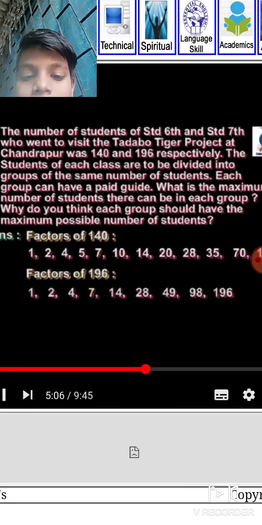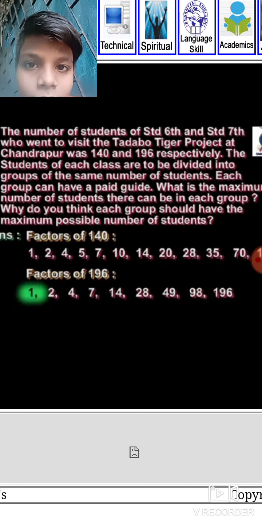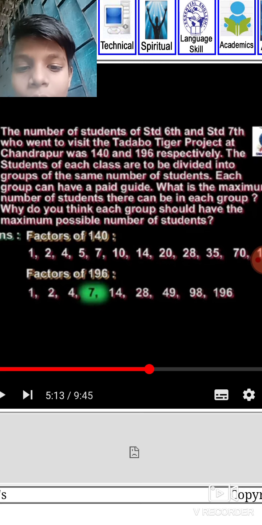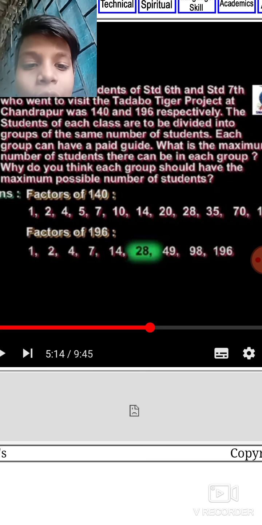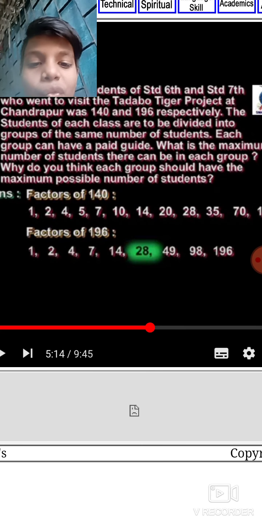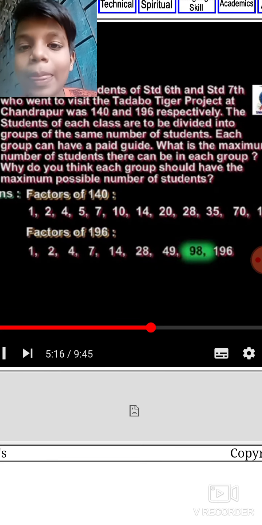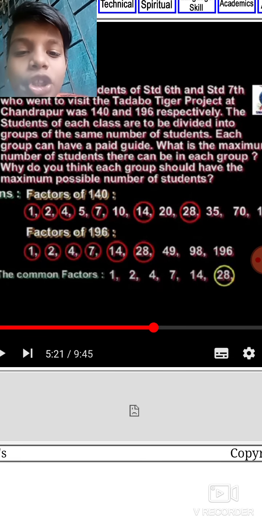So we'll take 14 only once. So the factors are 1, 2, 4, 7, 14, 28, 49, 98, 196. And the highest common factor is 28.